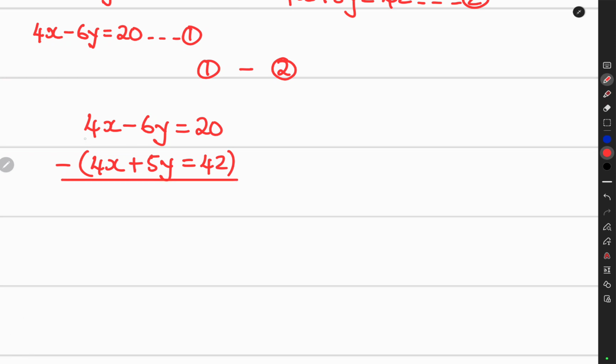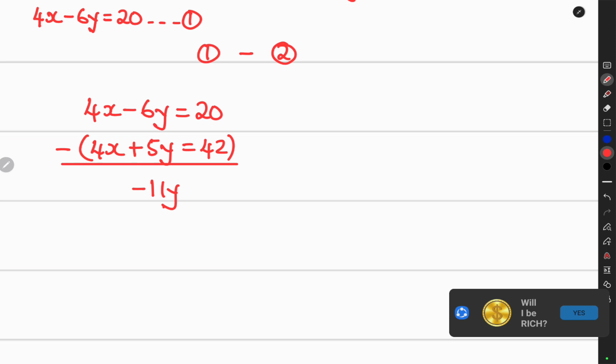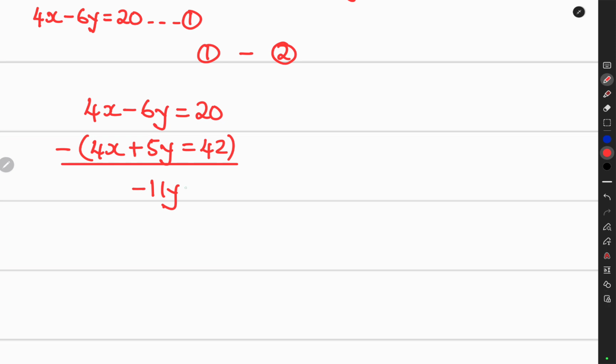First, we're going to eliminate 4x, as you can see. After eliminating 4x, we're going to have negative 11y. Why is that so? Negative times positive is negative. So you've got negative 6 minus 5, which is negative 11y. You equate that to negative 22, and after that, y will become 2.